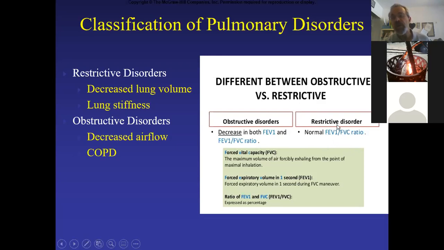As far as the proportions, they're decreasing equally. Whereas in the obstructive case, they're not decreasing equally. We're ultimately having a decrease in the ratio. So ignore the FEV1 alone, that's going to confuse you. Just look at this ratio. Decrease in the ratio for obstructive, normal for restrictive.